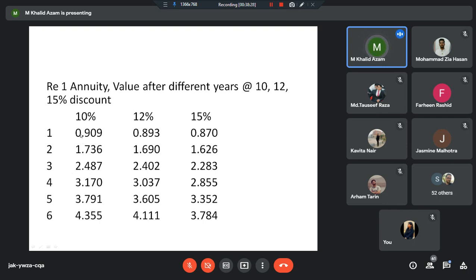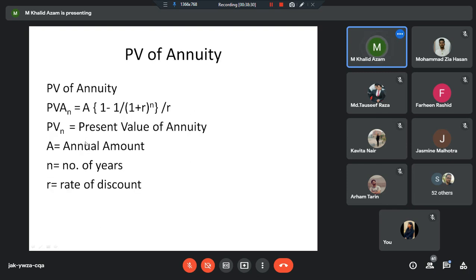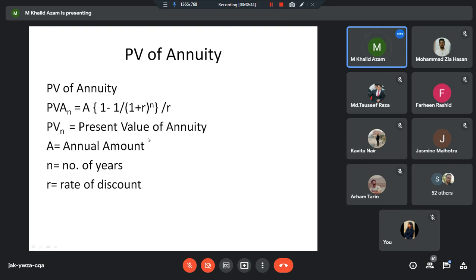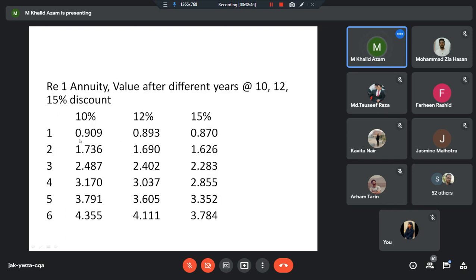So here it is not like your earlier figures, where at 10% it was 0.909, 0.826, 0.751. You will find that it is going to increase. It was 0.909, but it is 1.73. Why is it increasing?